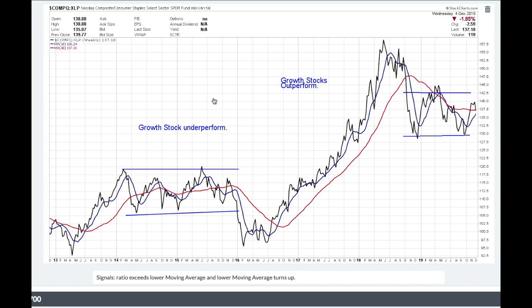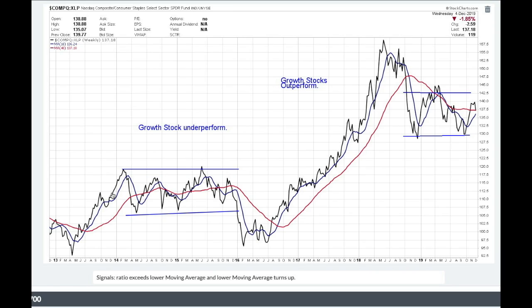And it's interesting to note how these two interact with each other. It does give you an indication. Now, my point here is that back in 2014, we went into a period. Remember, when the ratio is going up, technology stocks and the Nasdaq are doing better than the staples.